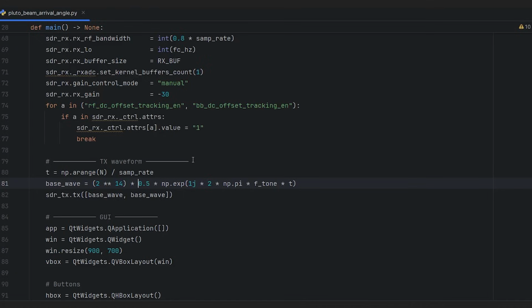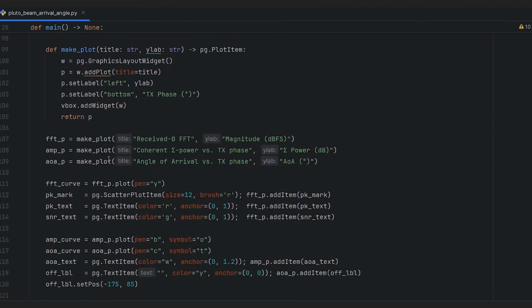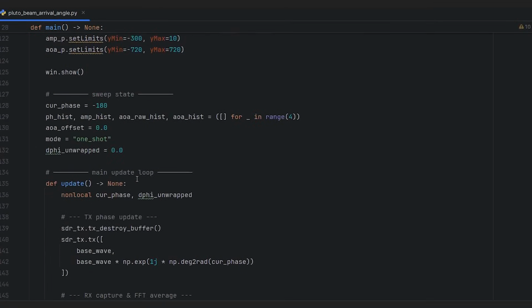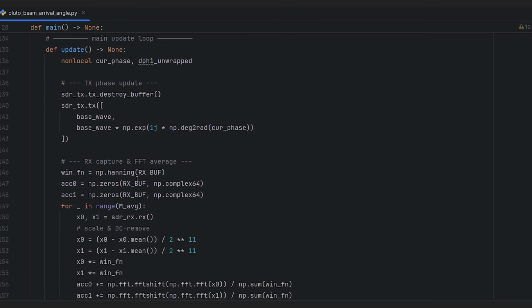As we discussed earlier, for the TX side we need to send two different waves, separated by the phase that we are sweeping, which will happen as we start the sweep. I'll show that later. These are some codes for the graphics, but I just want to show how we create the main thing, which is the TX beamforming and the angle of arrival.